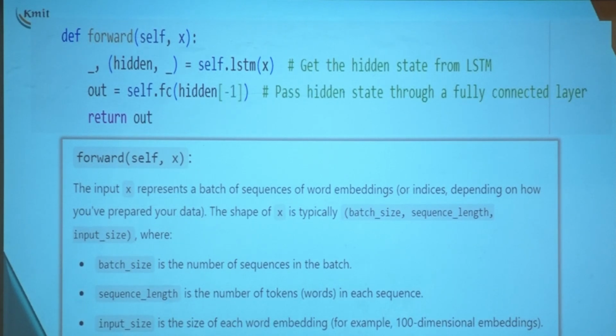So X is of the shape batch size, sequence length, input size. Batch size is the number of sequences in a particular batch. Sequence length is the number of tokens present inside a particular sequence. Input size is the size of each word embedding, that is, the size of each word vector.